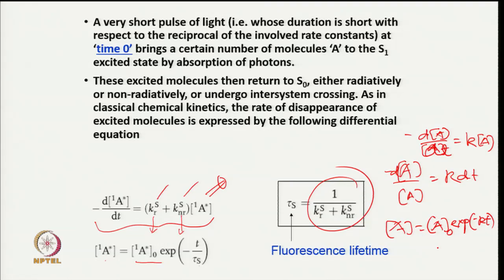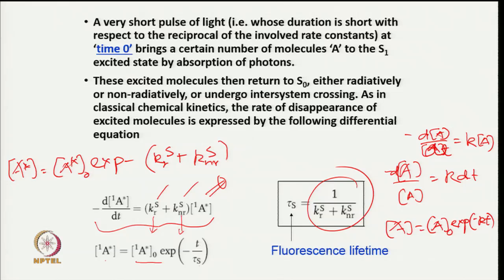So, if I solve this, what I am going to get is A star is equal to A star naught into exponential minus (k_RS plus k_NRS) into t. And what I did is, I took tau s is equal to 1 by this whole quantity, so this value will be equal to 1 by tau s. That is how you get this equation.